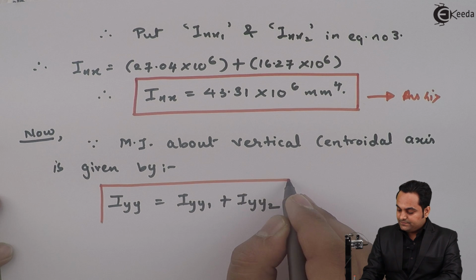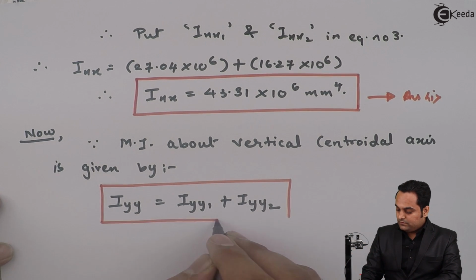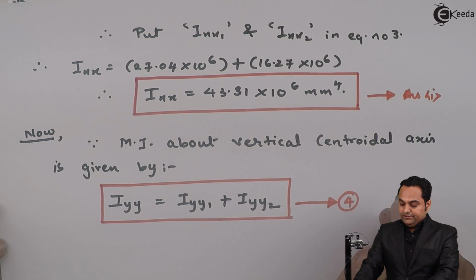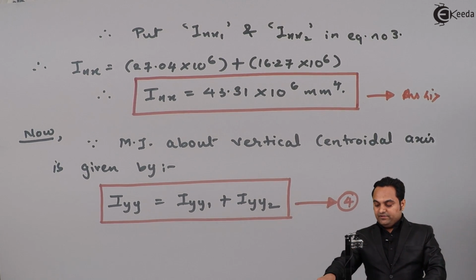I'll keep this as equation number 4. Now I need to calculate Iyy1 and Iyy2.